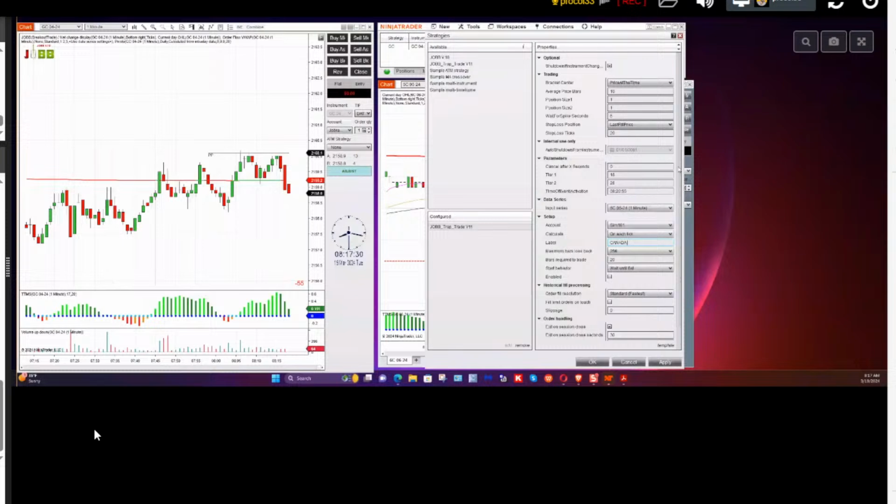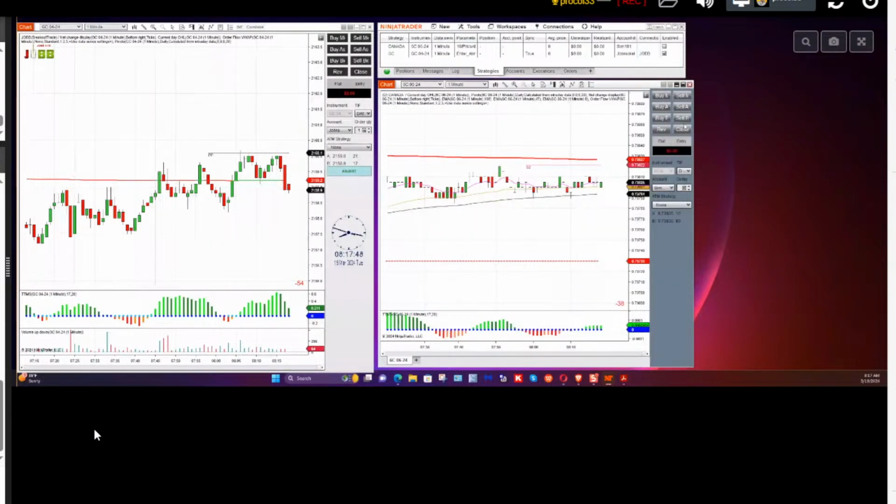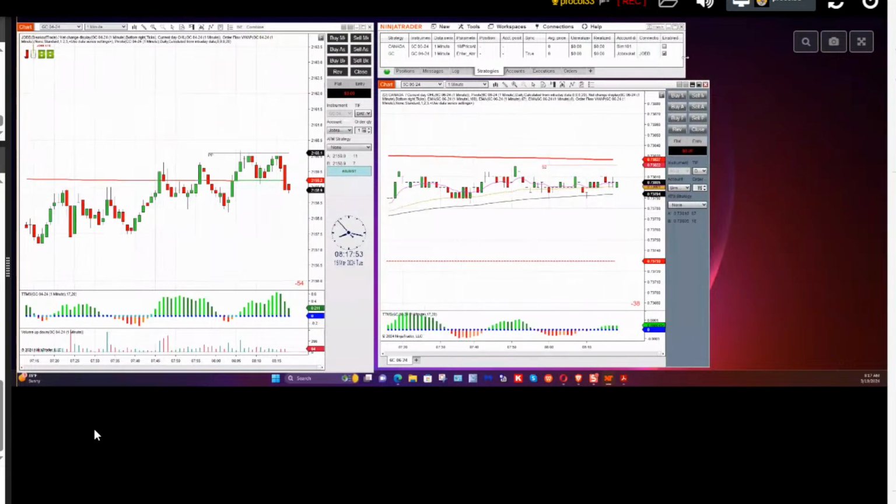So with the trap trade, we're expecting the price to reverse after the fill. Tiers of 18 and 28. Trigger at 8:30 with a 5-second prep. And that's how I'm going to do the trap trade.